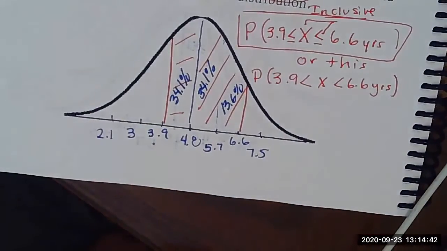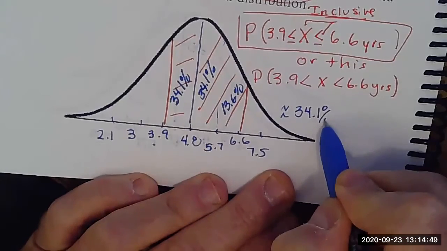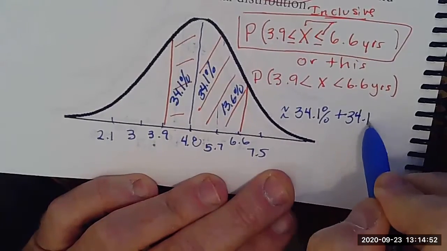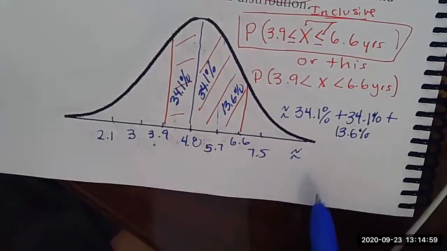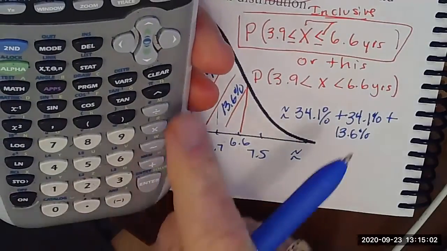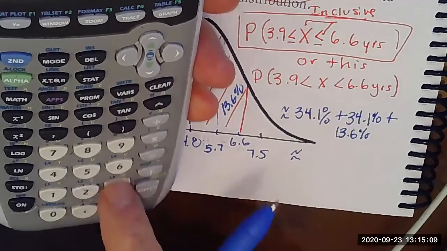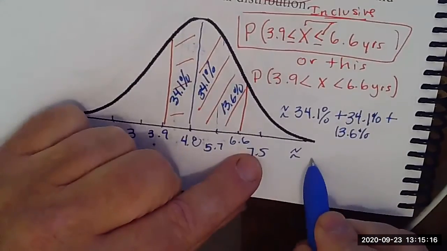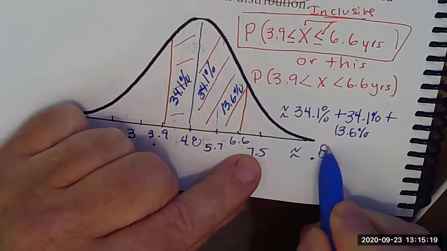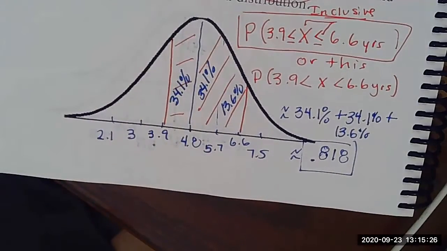So you add them all together and it gives you the result that we need, as a decimal, or 81.8%.